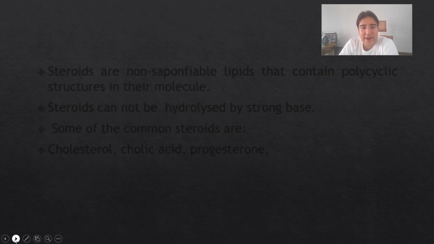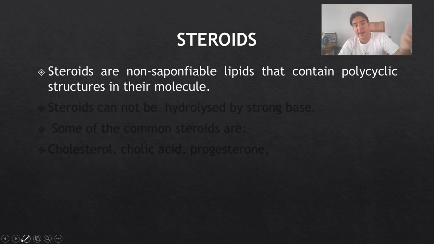And steroids are the third category of the fats and lipids. They don't make fat. They don't make soap. If you put any fat or oil in NaOH, it will make soap. Soap is also made from them. You know, soap, Lux soap, they are fats. But steroids don't make it because they are cyclic.